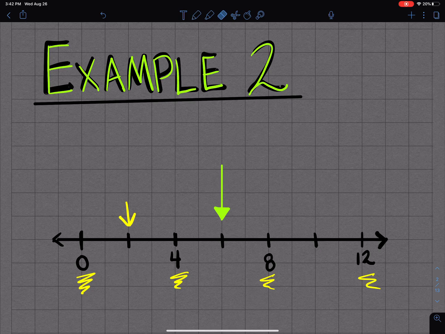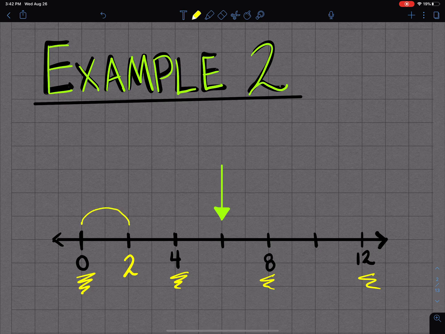So to figure that out, I'm going to say, well, I have a 0 here and a 4 here. What's halfway between 0 and 4? 4 divided by 2 is going to be 2. So that helped me figure out that every tick mark in this number line is counting by 2s. So I can start here and go 0. Oops, I don't want it straight, I want it curved.